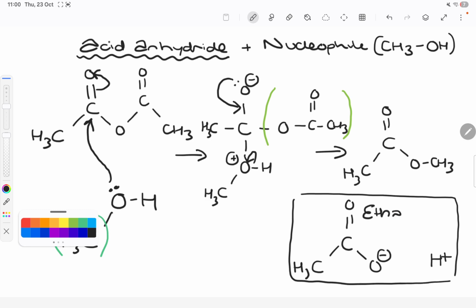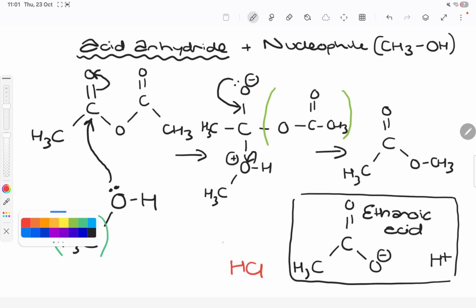So ethanoic acid is a byproduct of ethanoic anhydride nucleophilic addition elimination reaction mechanisms, whereas in the acid chloride reaction mechanisms, the side product was HCl.